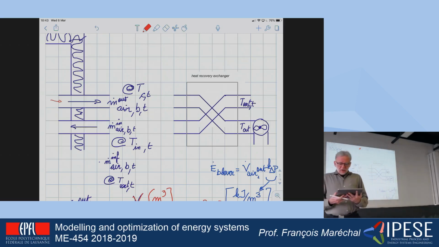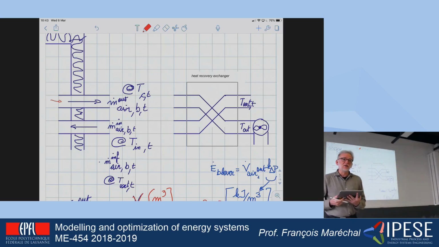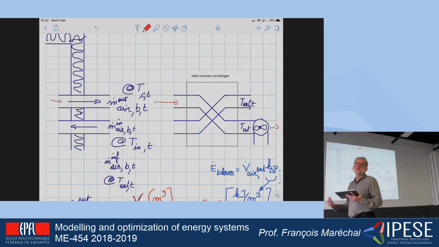Okay? And if you want to recover the heat of the extracted air, you will have to add an exchanger. Okay? So it means that you will have a hot stream that will be cooled down, leaving the wall and then going into a heat exchanger to go outside to deliver the heat. But you need to find something to be heated with the heat that you recover.